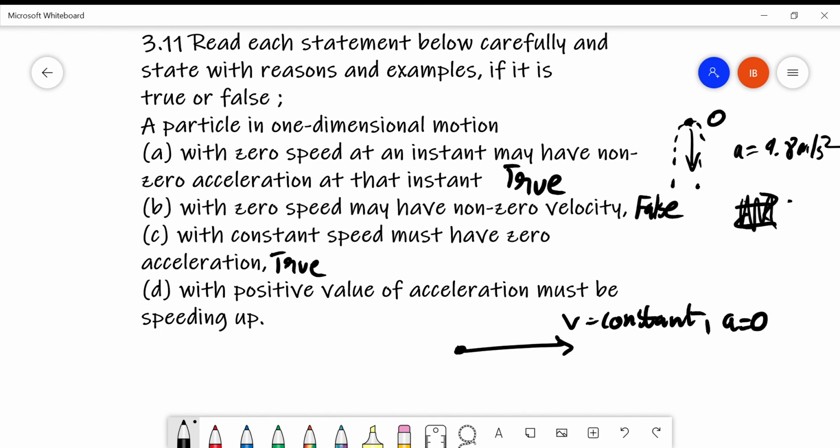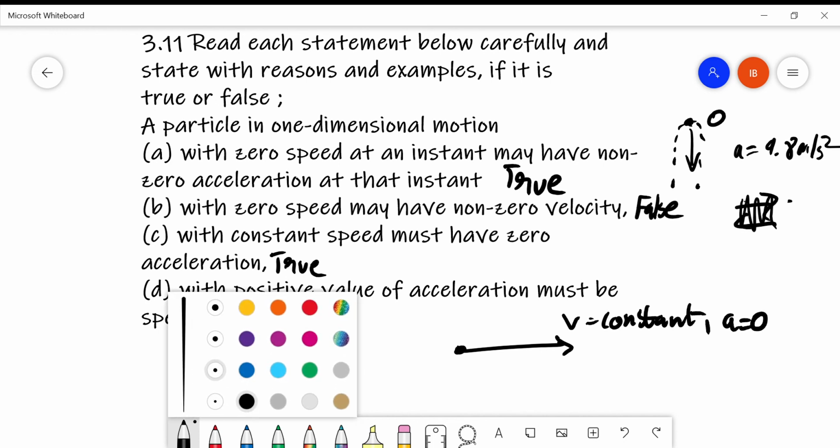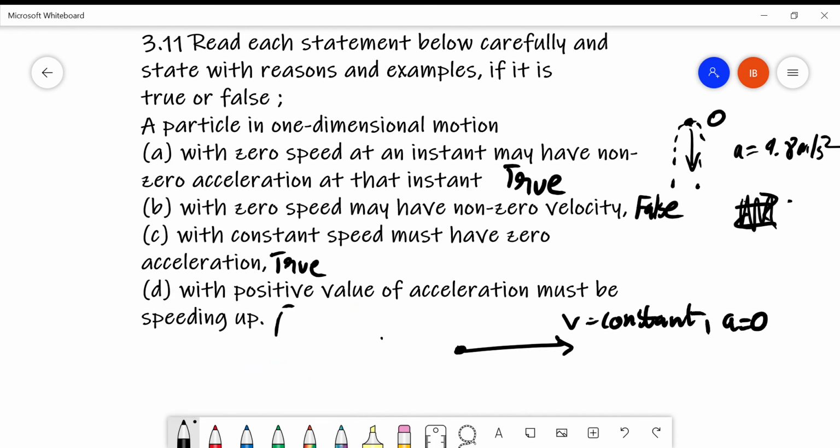Now D, with positive value of acceleration must be speeding up. False. This is false. If we take vertically downward direction as positive, suppose, then a ball thrown vertically upward will slow down in speed while acceleration is positive.